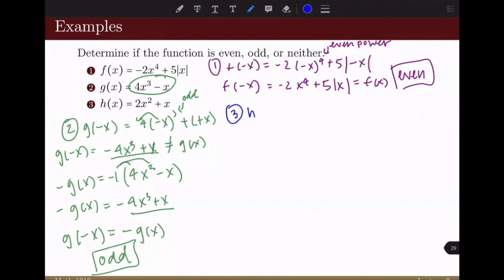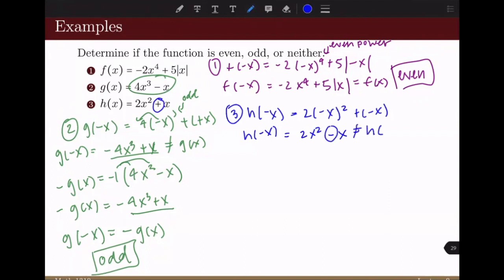h of negative x equals 2 times negative x squared plus negative x. So h of negative x is 2x squared minus x. And since now this is a minus instead of a plus, this is not equal to the original function.